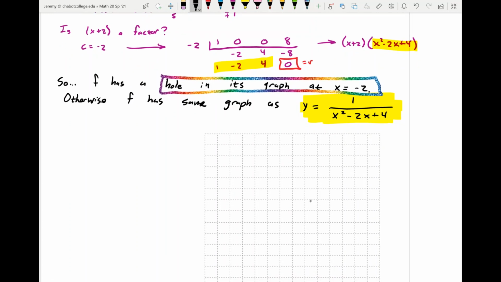So now let's think about, do we have any vertical asymptotes? For this, I'm going to set the denominator equal to 0.